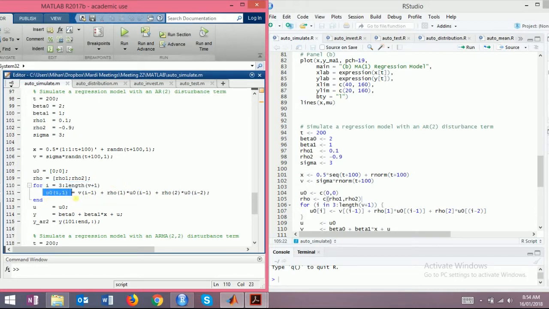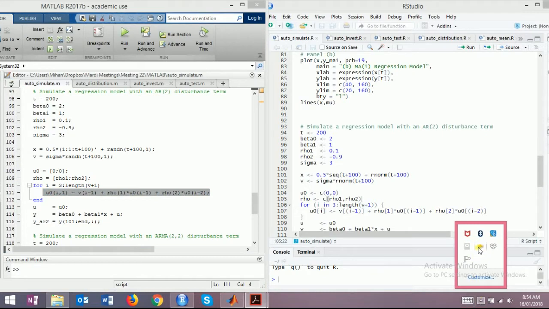So ut equals vt plus rho 1 ut minus 1 plus rho 2 ut minus 2. So this is u naught, and i1 is vt plus rho 1 ut minus 1 plus rho 2 ut minus 2.